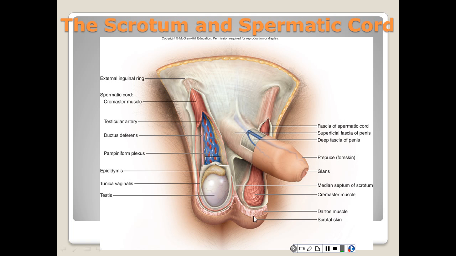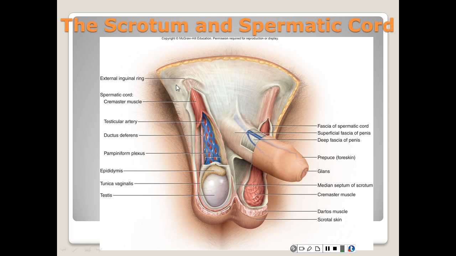Now the testes produce sperm at a core temperature of 37 degrees Celsius, but they must be held at about 35 degrees Celsius. Now the scrotum has 3 mechanisms to regulate its temperature.